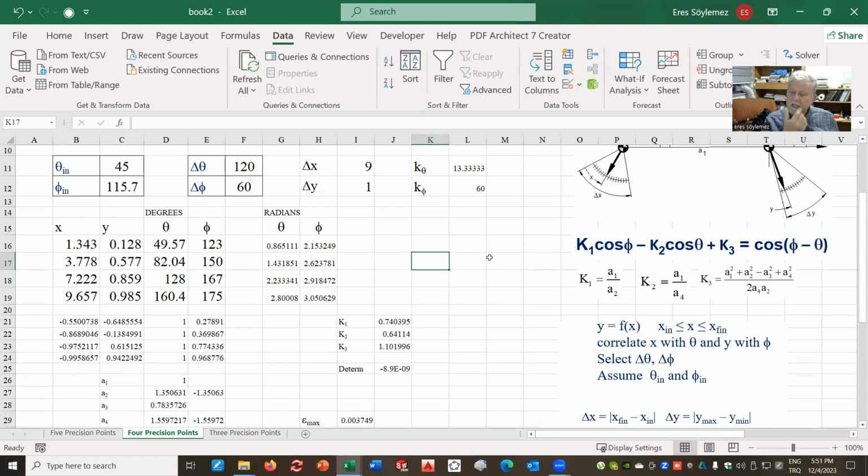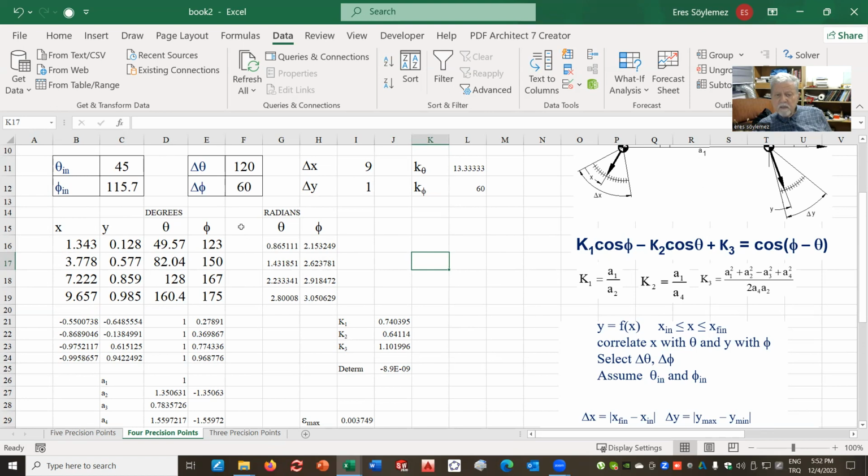Previously, it was Freudenstein, Levitsky, Seeker, who determined this 5 precision point synthesis analytically. However, this numerical technique seems to be much simpler and much faster.